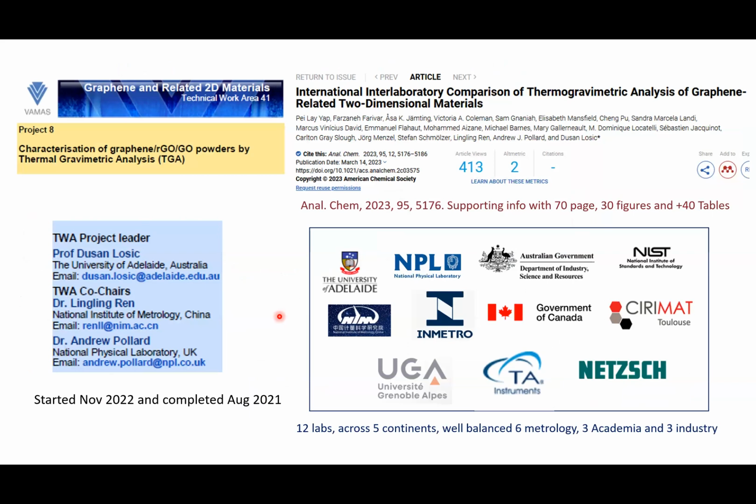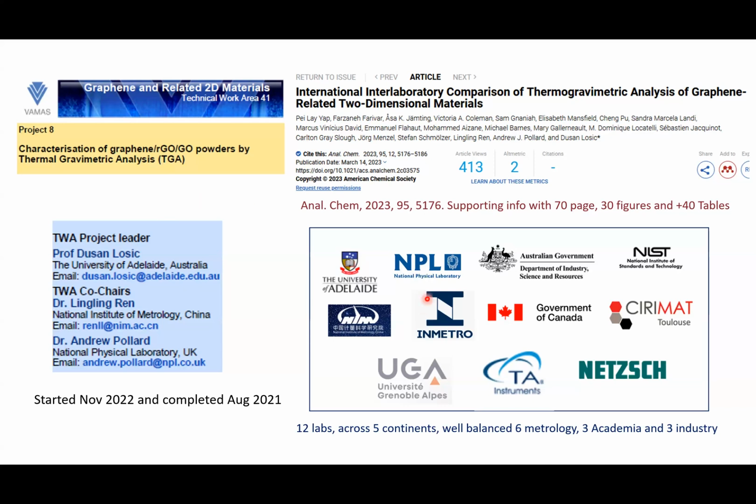Based on all our TGA work, we optimized the protocol and performed an interlaboratory comparison validation in the VAMAS program, led by myself, Andrew Pollard, and Wang Lin Li from China.